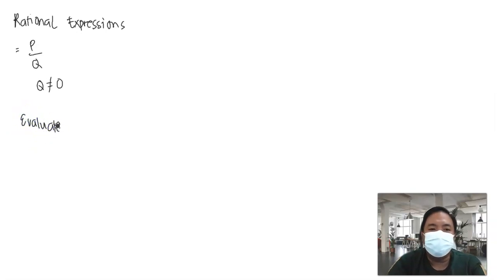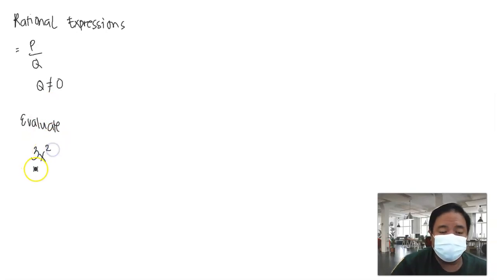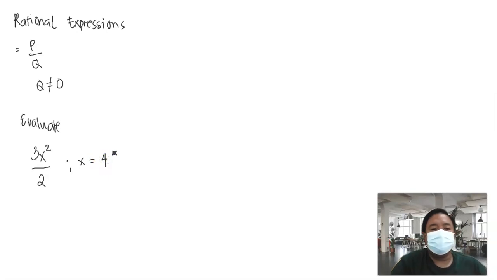So to start off with the rational expression, let's start with the basic part, and that is the evaluation of rational expressions wherein you are given the polynomial and also you are given the value of the variable. So for example, I have here 3x squared all over 2. So we'll have, and let's say x is equal to 4.